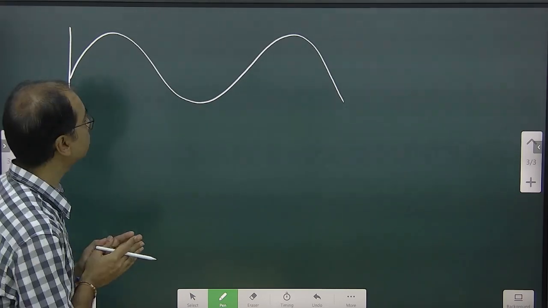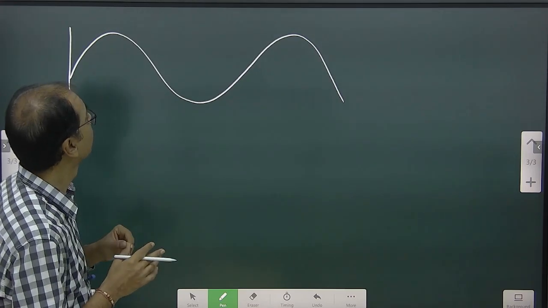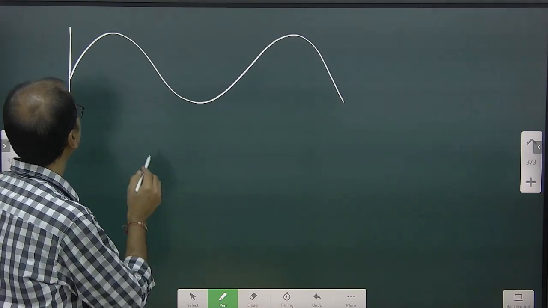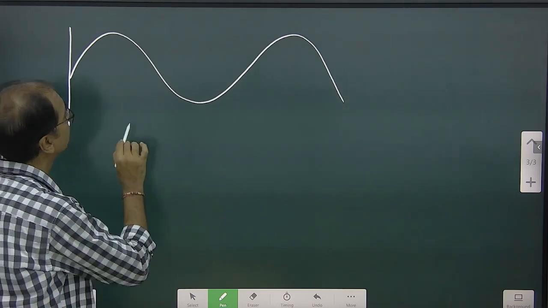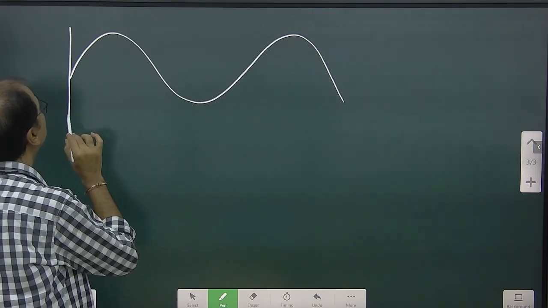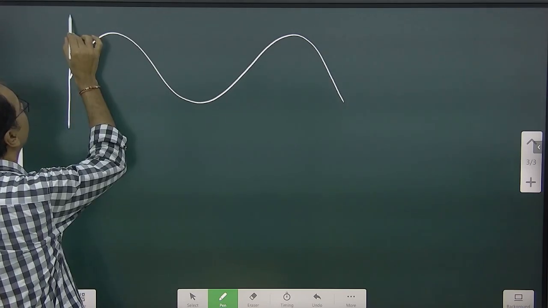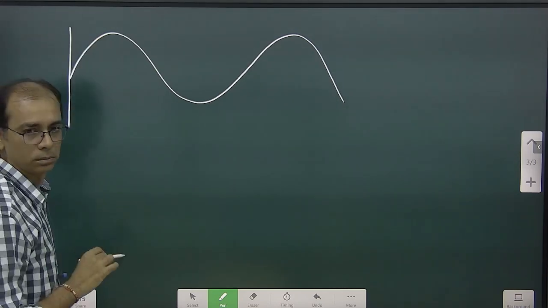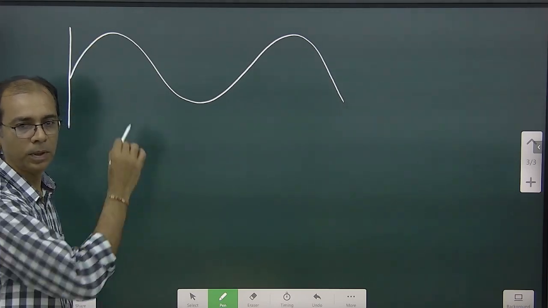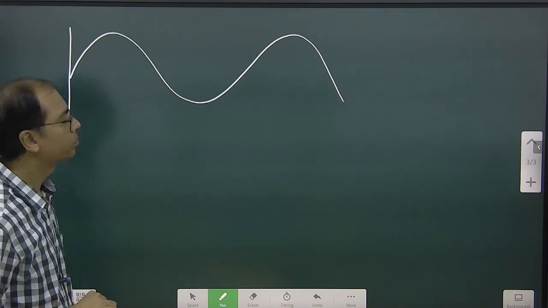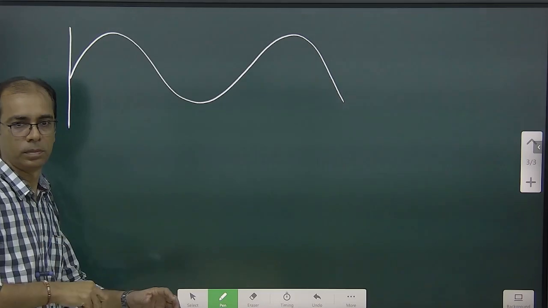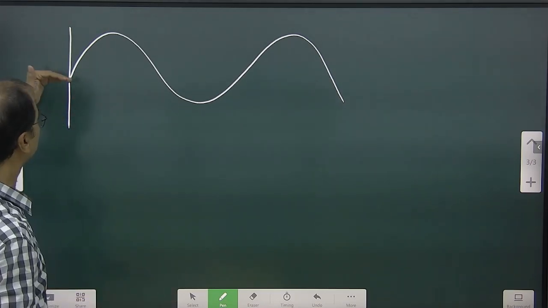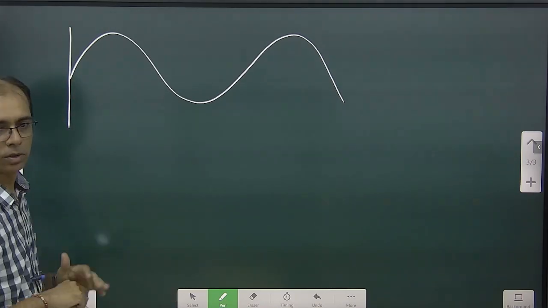Now, when this wave is generated, initially this particle would have been at the top. Like this you are generating. At some point it will be down, then it will come up also.